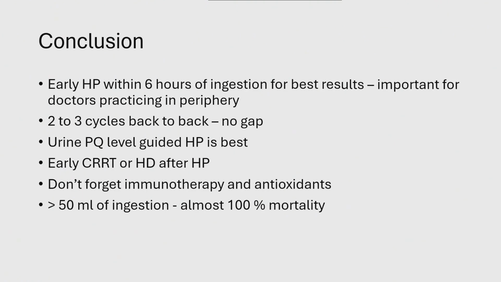Urine paraquat level guided hemoperfusion is the best. Early CRRT or hemodialysis after hemoperfusion has been shown to improve survival. And don't forget immunotherapy and antioxidants. If the patient has taken a very large amount, it is associated with almost 100% mortality.